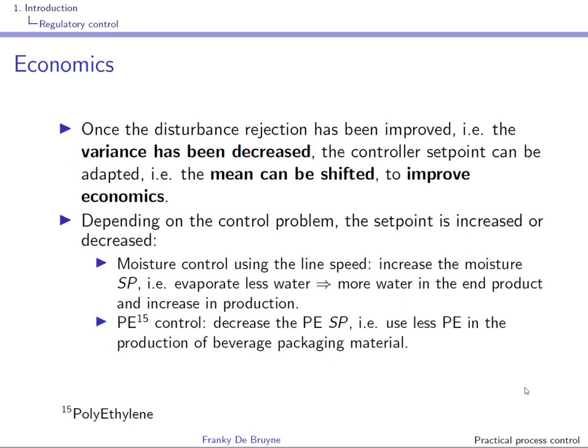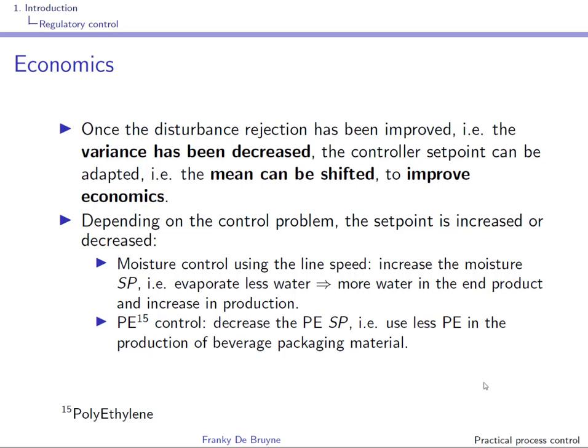In summary, once the disturbance rejection has improved so that the variance or the standard deviation has decreased, the controller set point can be adapted, the mean can be shifted to improve the economics. Depending on the control problem, the set point is either increased or decreased.